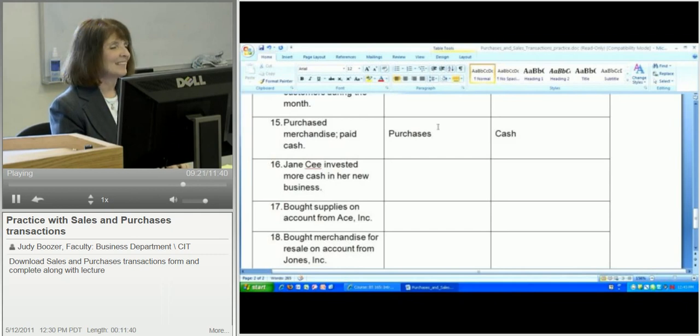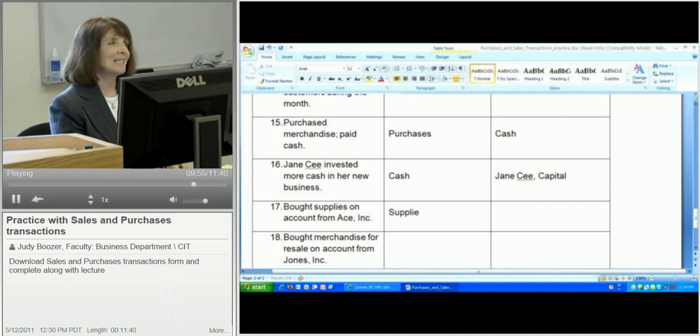16. Jane C. invested more cash in her business. Good. Cash is going up because of the cash investment. And Jane C. capital is also going up, therefore a credit to that account. 17. Bought supplies on account from ACE Incorporated. Why not purchases?